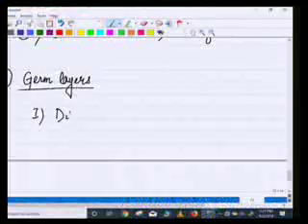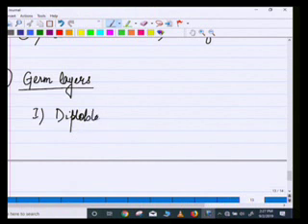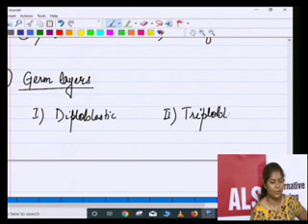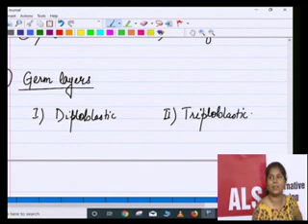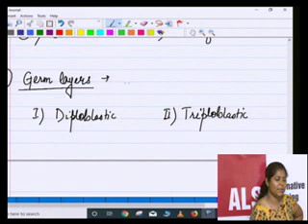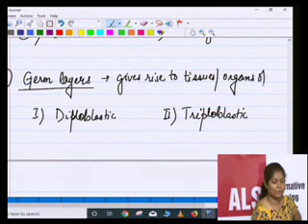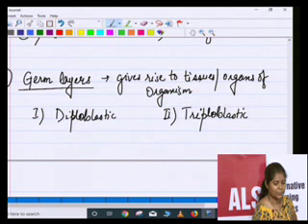The first is said to be diploblastic and the second is said to be triploblastic. So what are germ layers? Germ layers are the particular layers which give rise to tissues or organs of the organism.